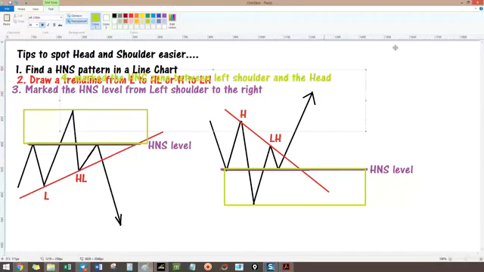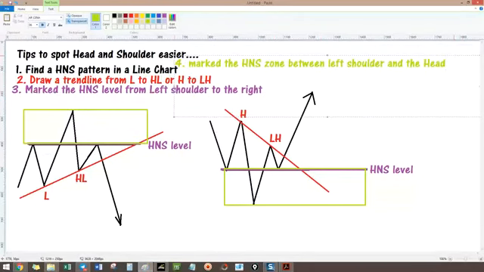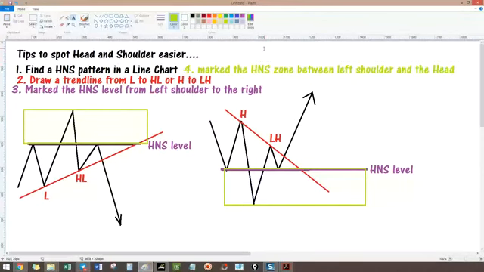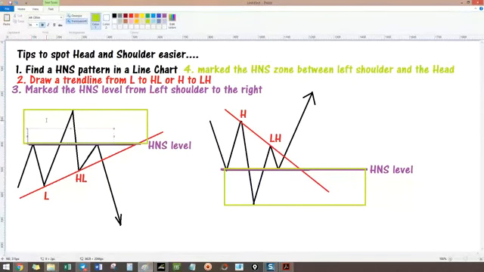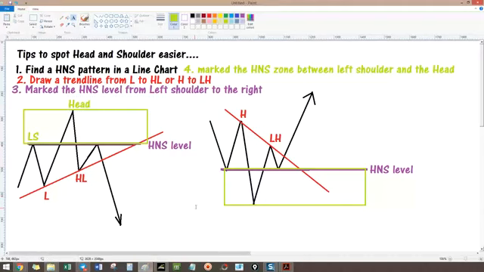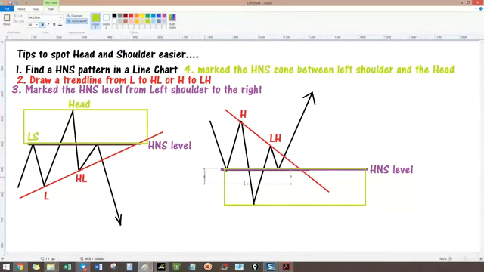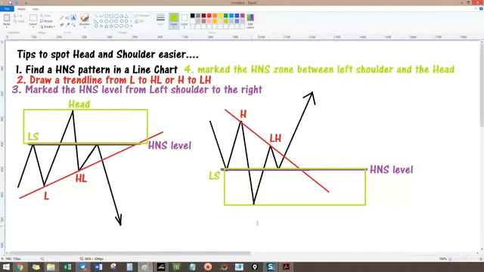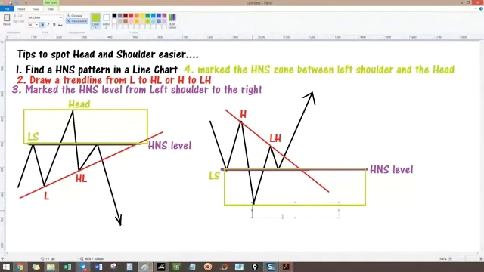Right, so over here is left shoulder. Over here is head. Over here is LS. Over here is head.